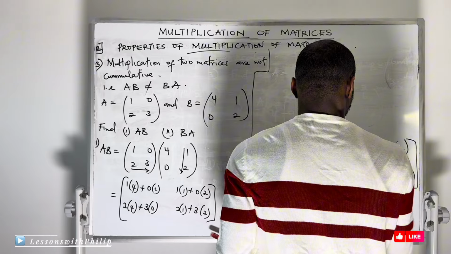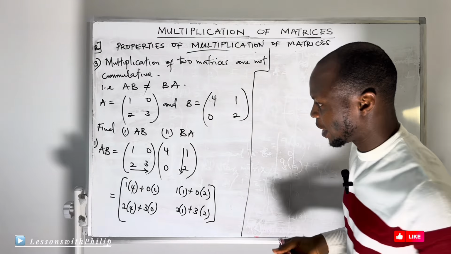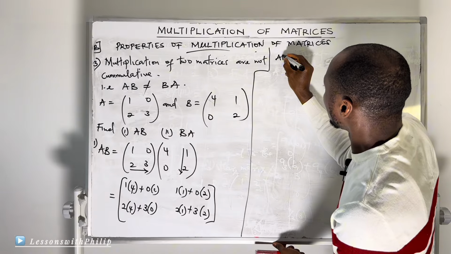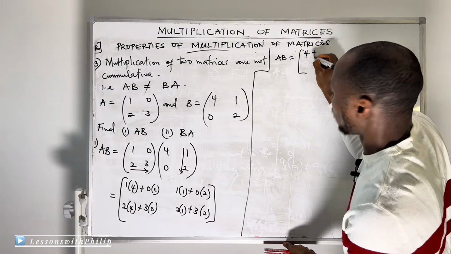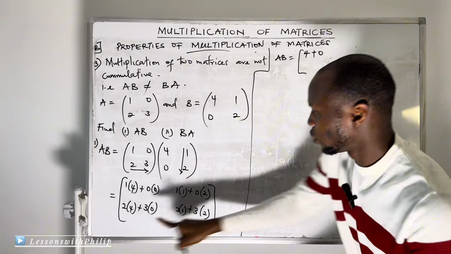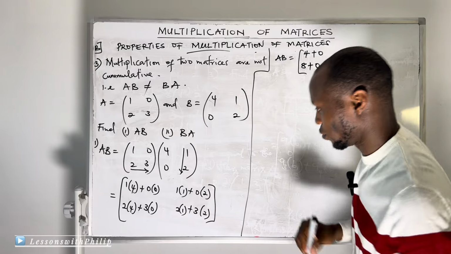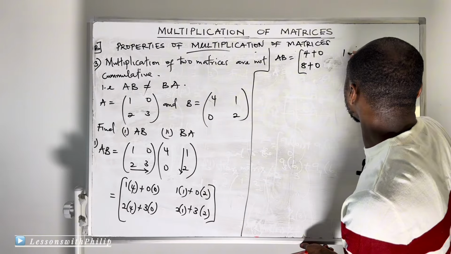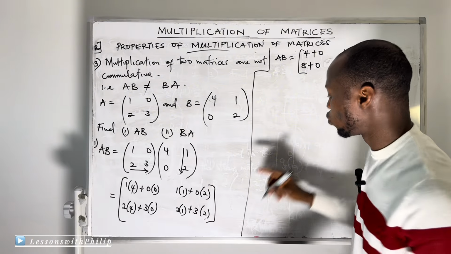Then if I clean that and I continue, now from here, AB will be equal to 1 times 4 is 4 plus 0 times 0 is 0. 2 times 4 is 8 plus 3 times 0 is 0. 1 times 1 is 1 plus 0 times 2 is 0. 2 times 1 is 2 plus 3 times 2 is 6.